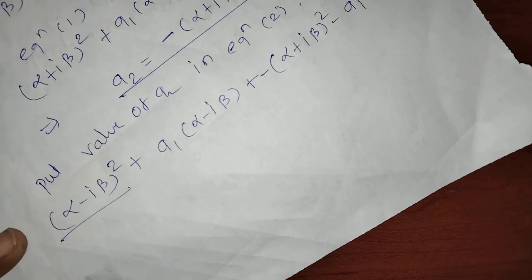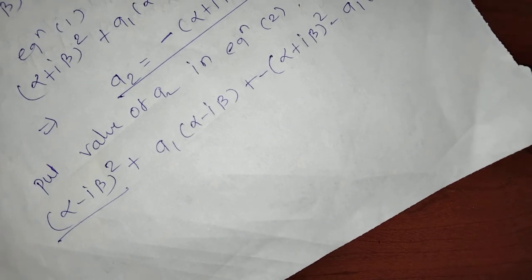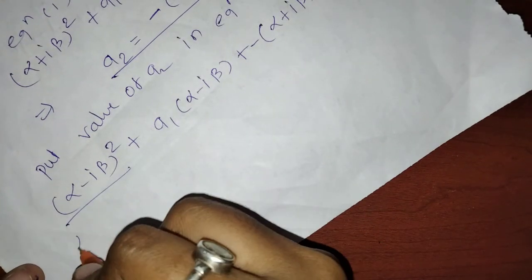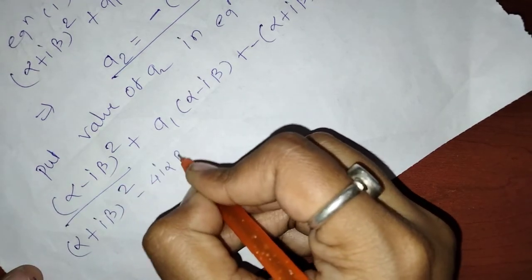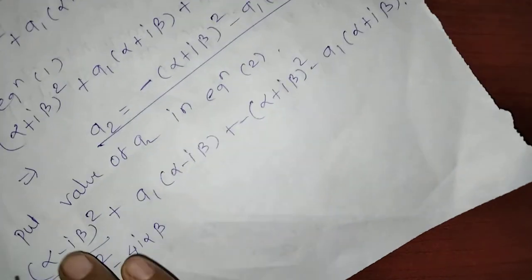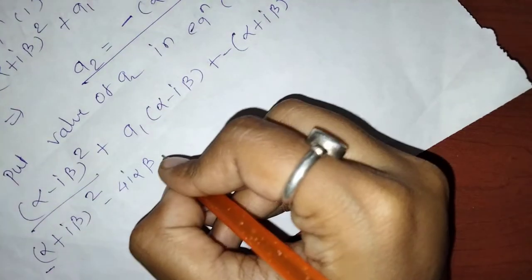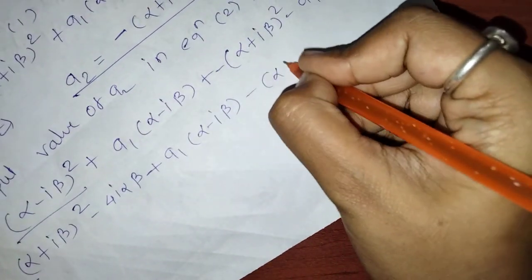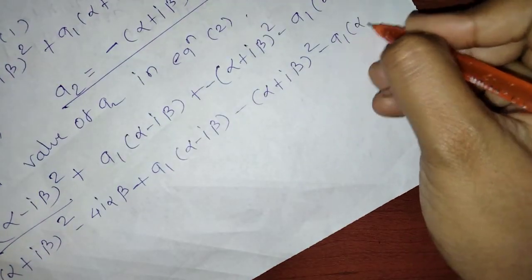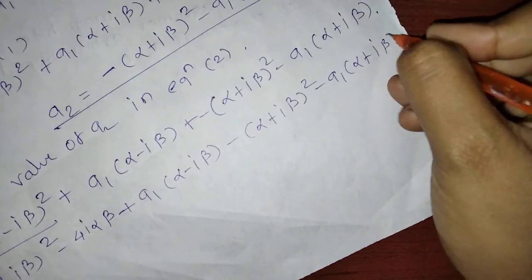(Alpha minus i beta) square can be written as (alpha plus i beta) square minus 4i alpha beta, or you can directly solve this term and get the answer, plus a1 (alpha minus i beta) minus (alpha plus i beta) square minus a1 (alpha plus i beta).